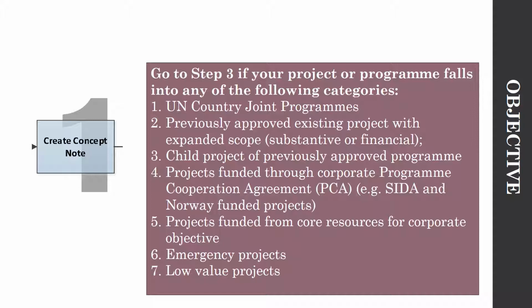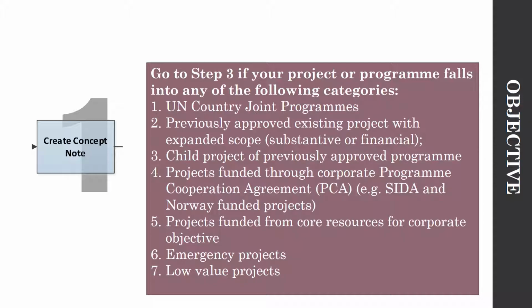Now, there are seven categories of project that should start from step three. These are UN joint programs, and previously approved existing projects that have expanded scope. The expansion could be either substantive, in terms of the output and deliverables, or financial, so the budget goes from 1 million to 5 million, and so you can start from step three.